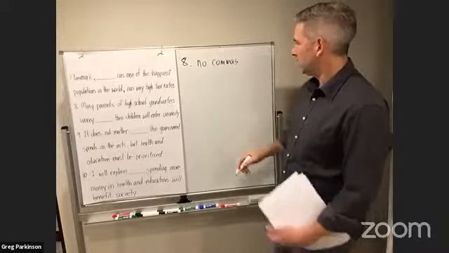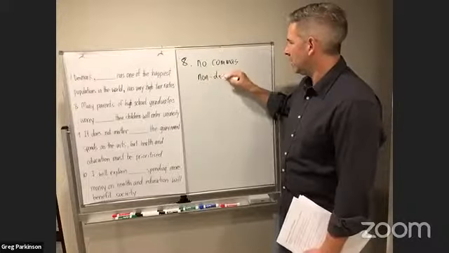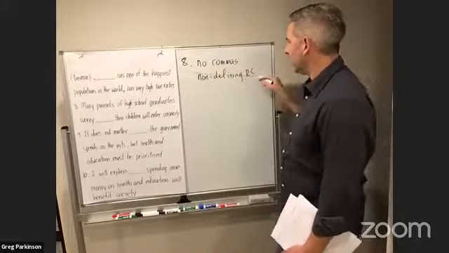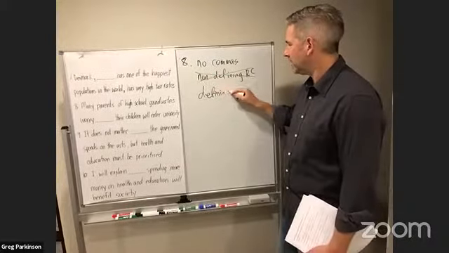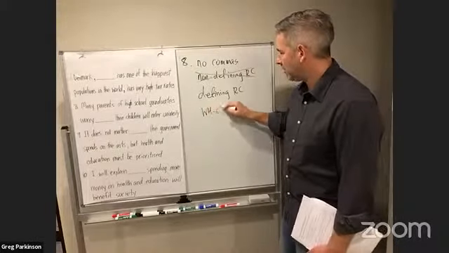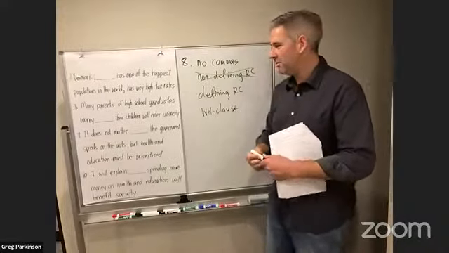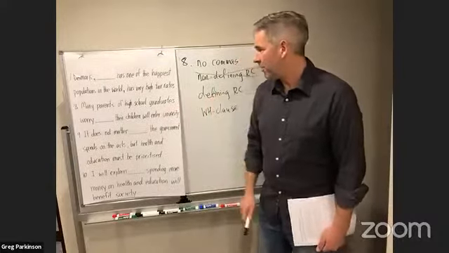All right, so this means non-defining relative clause. Well, we know it's not this, right? So it could be a defining relative clause, or it could be a WH clause. So this is kind of like a little checklist that you can use to make sure that you're grammatically accurate. Let's have a look at the verb.